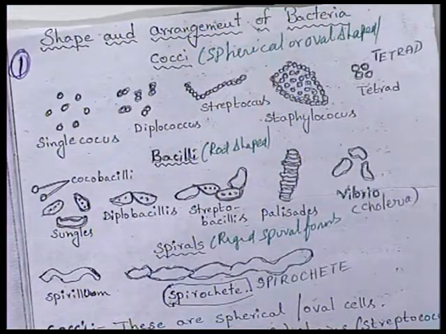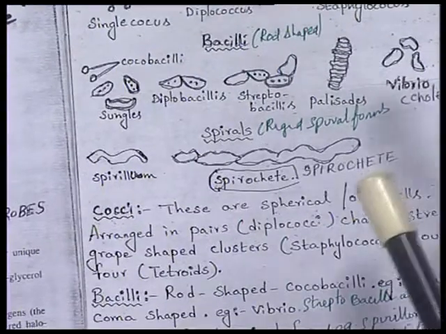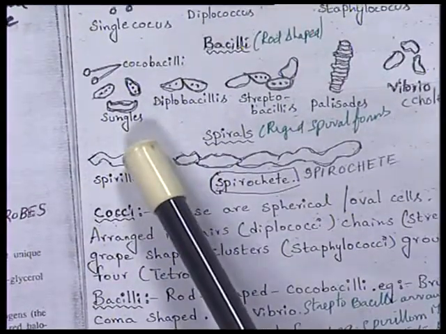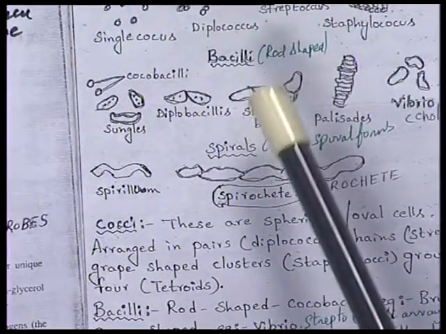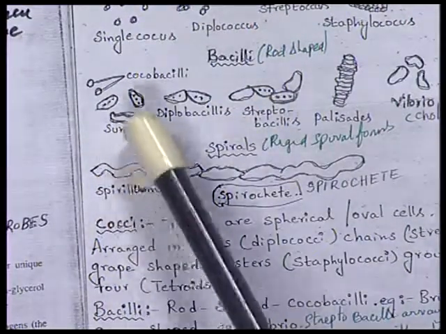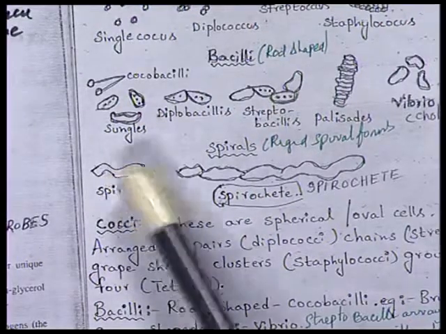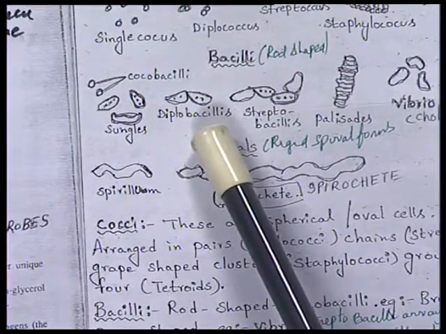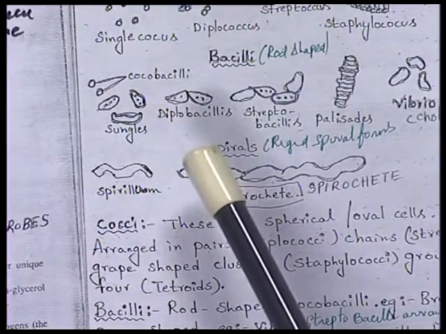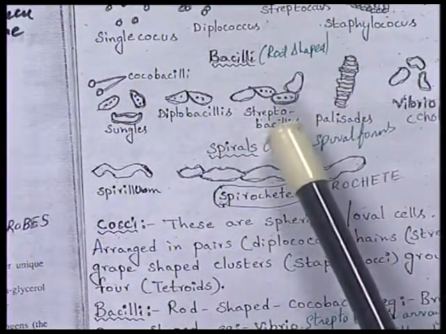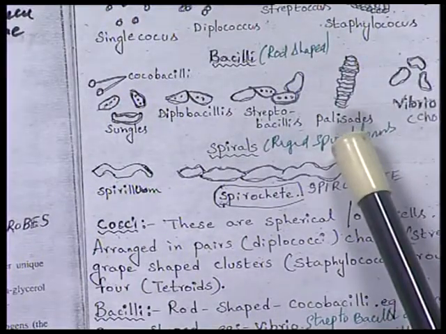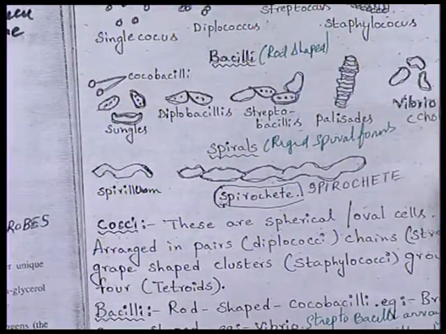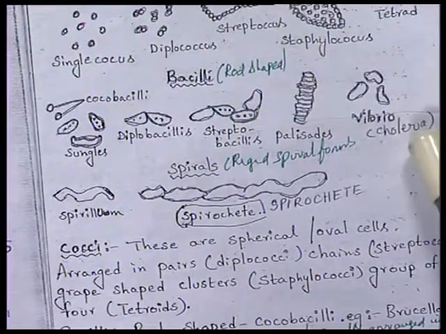And then if you come to the bacilli, you can see there are also different types of bacilli. Bacilli are rod shaped. The difference is that cocci are spherical shaped and these are rod shaped. This is single bacillus, this is diplobacilli, that means two attached, and then the streptobacilli are in a chain, and then this is vibrio shaped. The example is Vibrio cholerae.